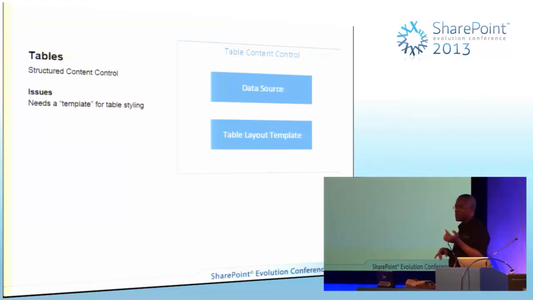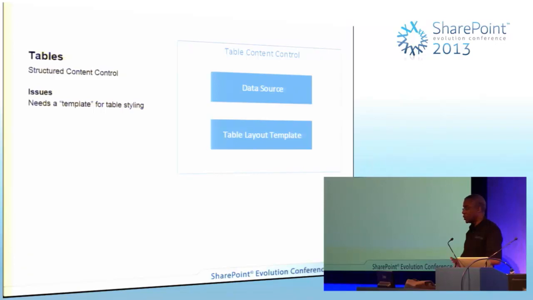So now our processing engine can get the data source content control, get the text out of it, evaluate the XPath expression, go get the data, then look for the table template, go inside of that content control, get the table, manipulate it, and produce the actual table by merging the data in.